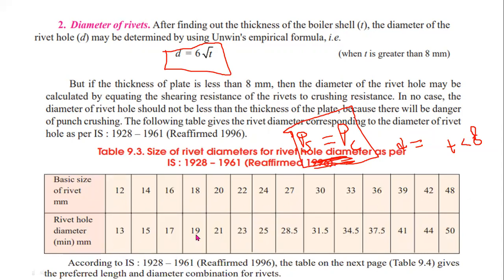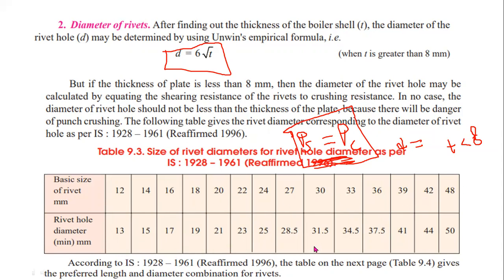You can observe a small clearance we have to provide for rivet and rivet hole. 12, 14, 16, 18, 20, 22, 24, 27, 30, 33, 36, 39, 42, 48. These all are standard rivet diameters.